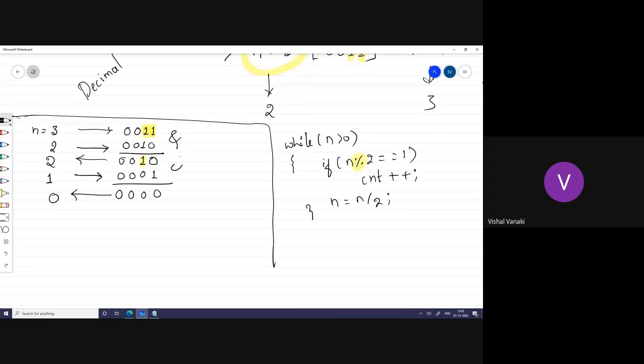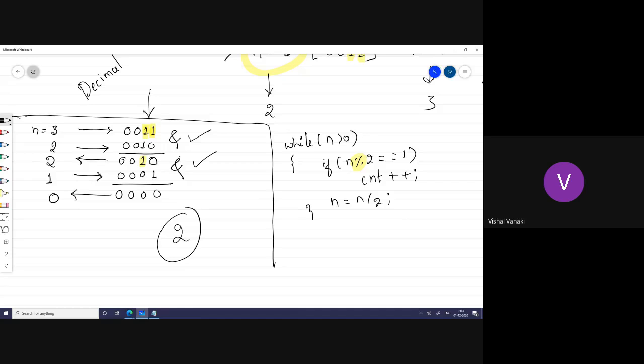So how many times was the bitwise AND operation performed? 2 times. So this 2, don't you think it is equal to the number of set bits in the given number 3? Isn't it?